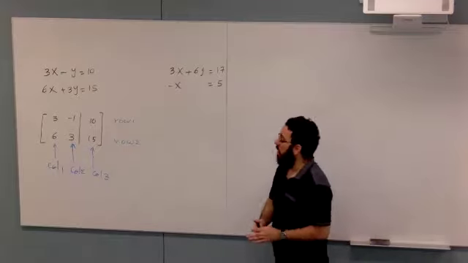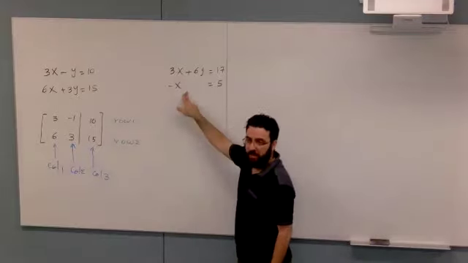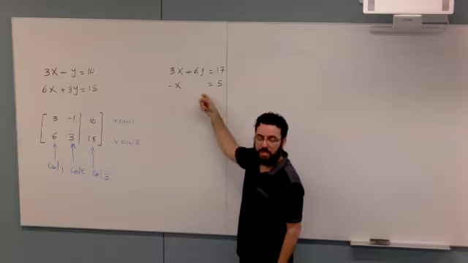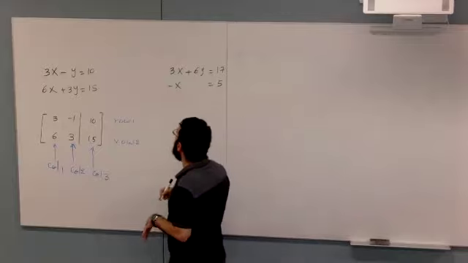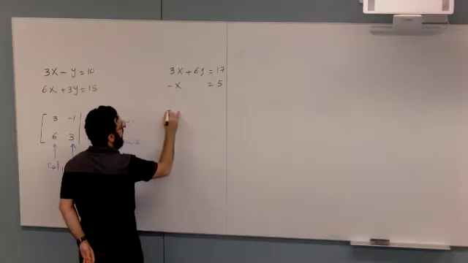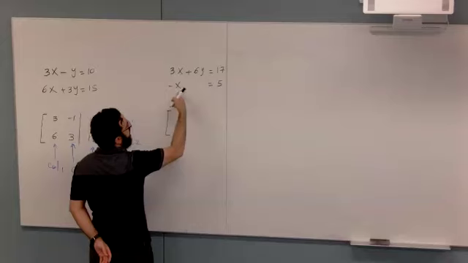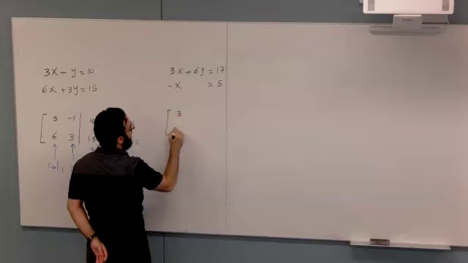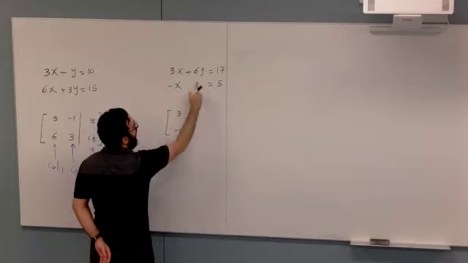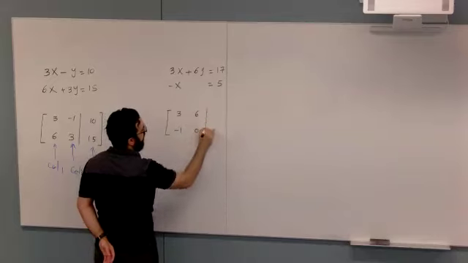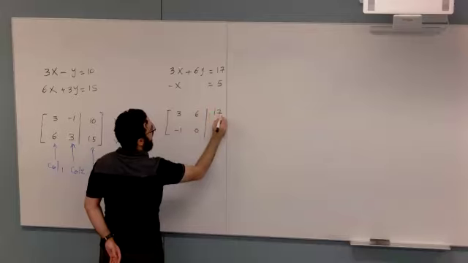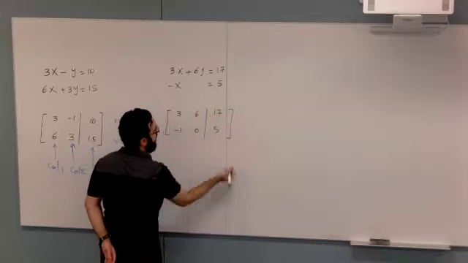It's still a system. In the second equation, we have only x, there is no y. What does that mean? How much is the value of y? 0. So you have to be careful when you write down the augmented matrix. x on one side, so it will be 3 and -1. y is 6 and 0. 17 and 5. Is that okay?